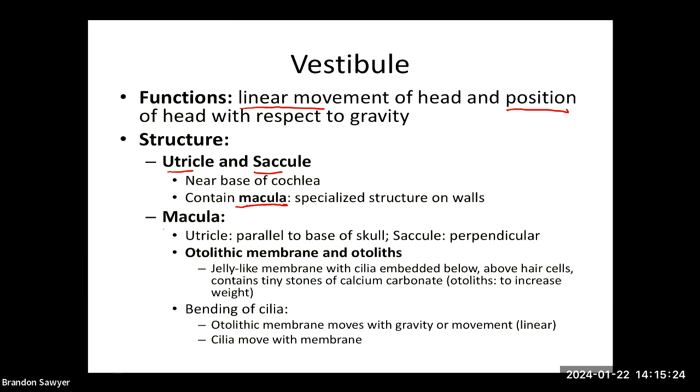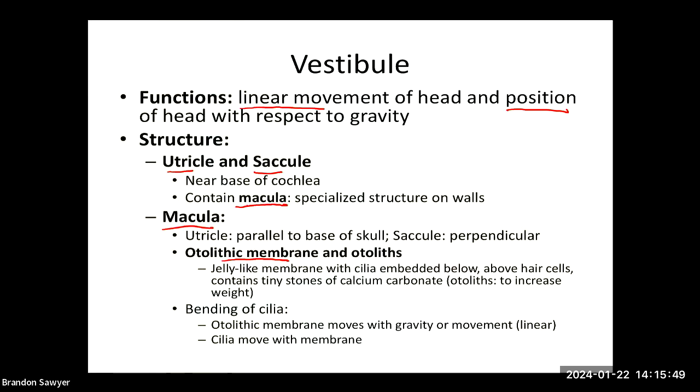All right, so these macula contain this thing called the otolithic membrane. Oto is referring to the ear, and lithic is referring to rocks, pretty much. So we have little stones embedded in this membrane that give it some weight. We'll talk about why that's important in a sec. We have two of these things that are identical, the utricle and the saccule.